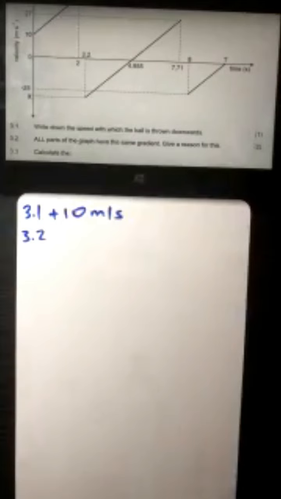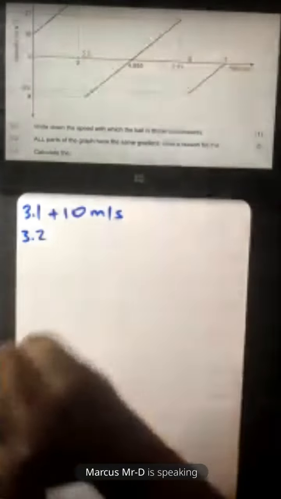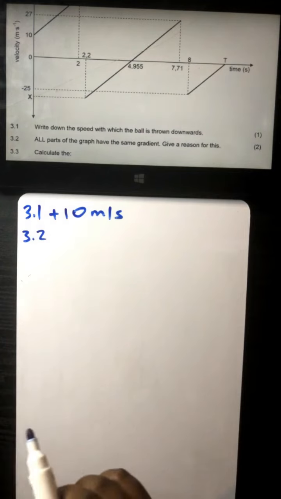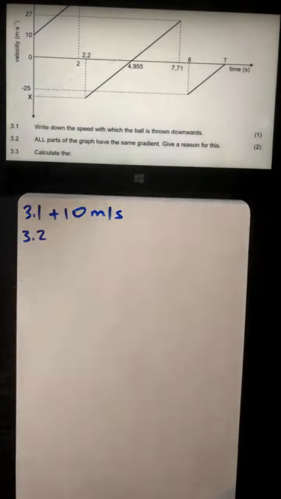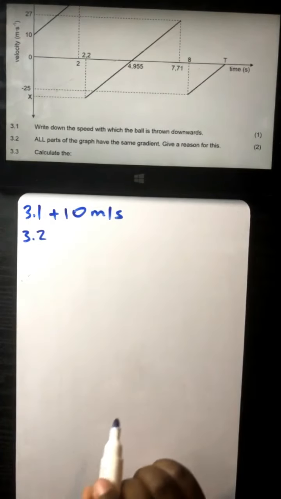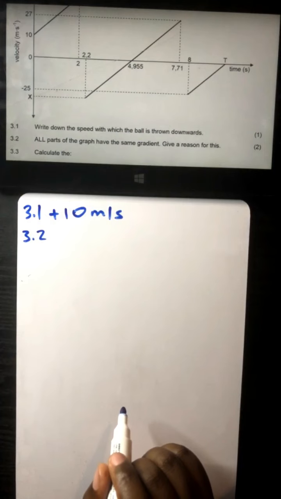Before you move on, sir, is it necessary to write a positive sign? A very good question asked. I think for the purpose of being consistent, let's write it as positive 10 meters per second.